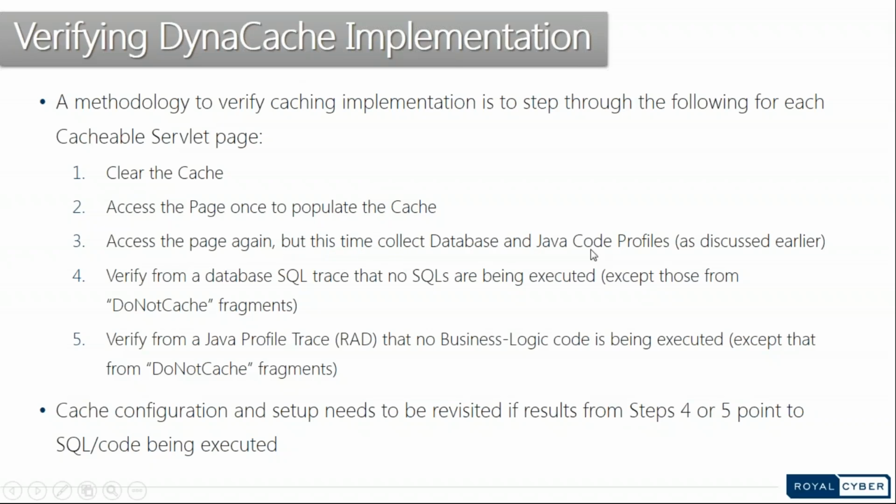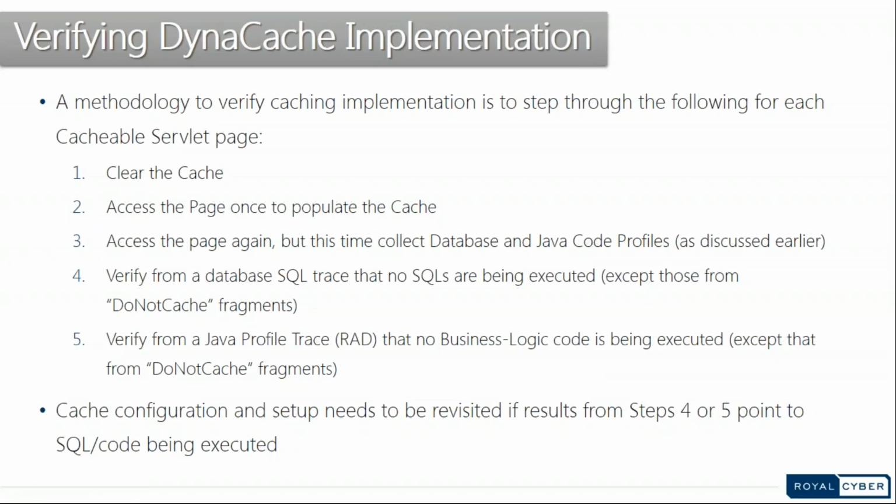But this time collect database and Java code profiles. For example, if you have already accessed that page the first time, you would see that the second time the page won't hit the database again for the same data. Verify in the Java profile trace that no business logic code is being executed, except for the do-not-cache fragments.